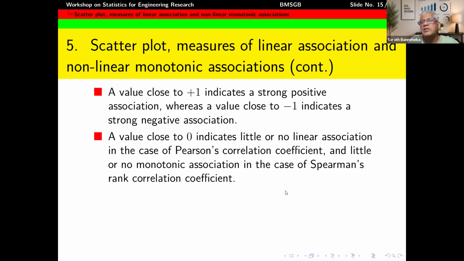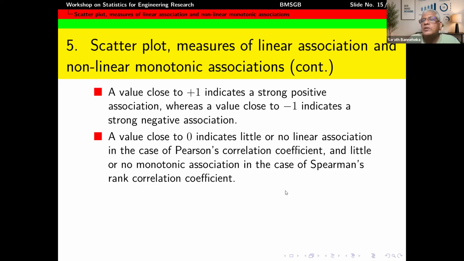So moderate positive linear, or moderate positive monotone relationship. Similarly, on the negative side, the word negative should be there. So that is the general wording that people use.